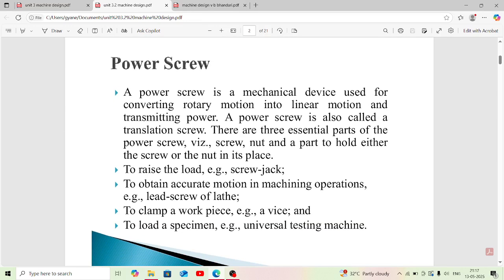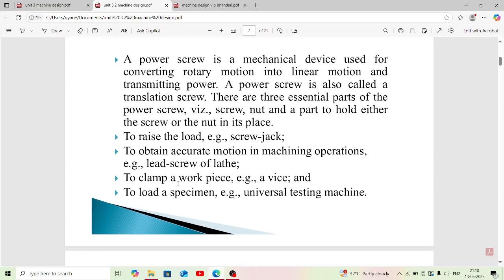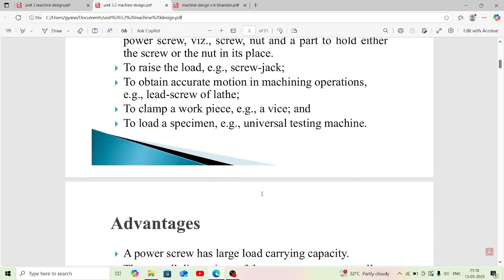Uses: to raise the load in a screw jack, to obtain accurate motion in machining operations, for example the lead screw of a lathe, to clamp a workpiece, for example in a vice, to load a specimen, for example in a universal testing machine.